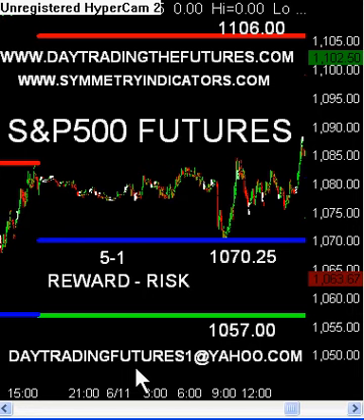I have found the formula where the institutions and the hedge funds trade at certain levels in the market daily. I have monthly resistance, weekly resistance, and daily resistance that these institutions and hedge funds will really come off hard off of, and it gives us traders the opportunity to get in at these levels with a huge reward to risk ratio. I know the exact levels they look at every single day.